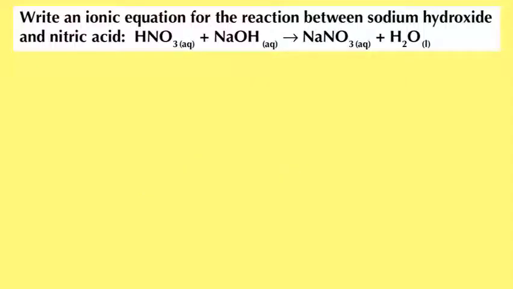So here's a question for you. It comes from the CGP book, as usual. So we're going to write an ionic equation for the reaction between sodium hydroxide and nitric acid. And we've been given an equation, but we don't know whether it's balanced yet. We should check that it's balanced, would be our first step. So let's look at hydrogens.